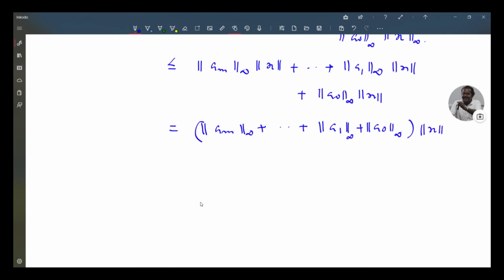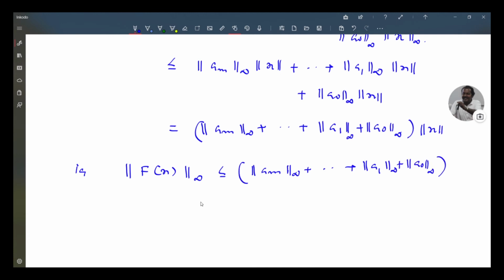That is, sup norm of f(x) is less than or equal to sup norm of a_m plus etc. plus sup norm of a_1 plus sup norm of a_0, into norm x. So this is true for x in X. Therefore f is in BL(X, Y).